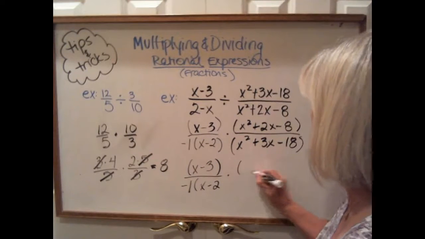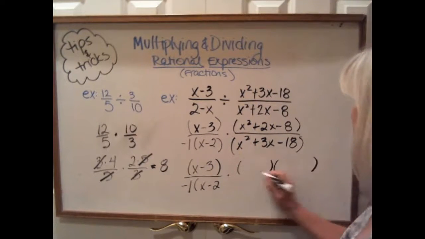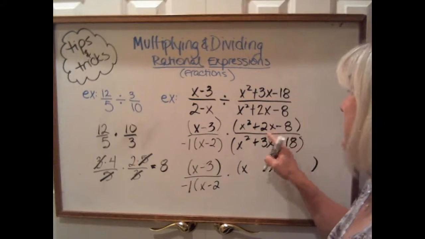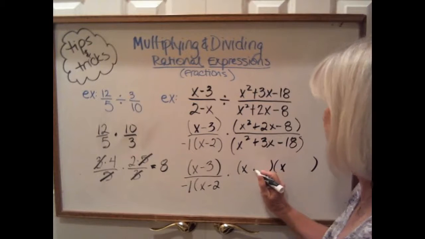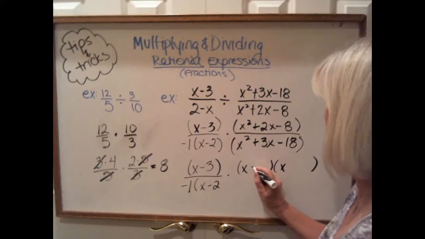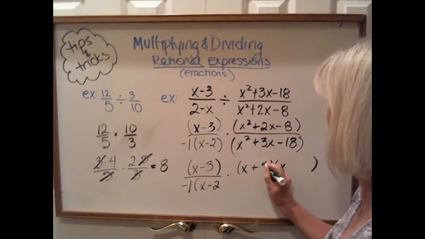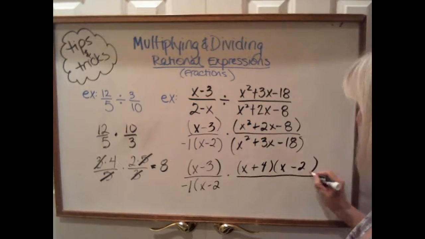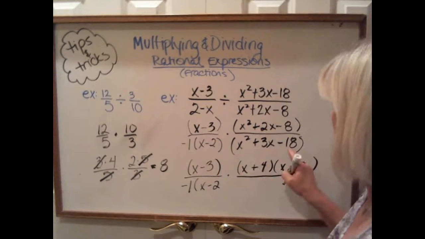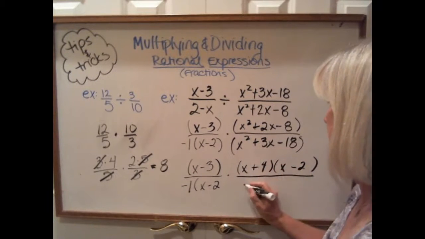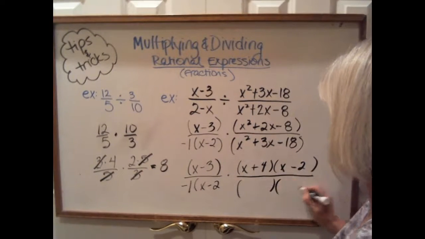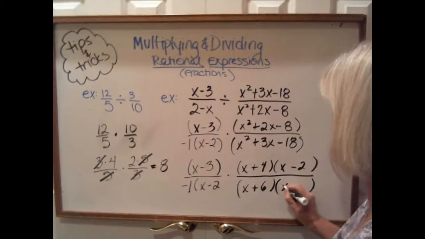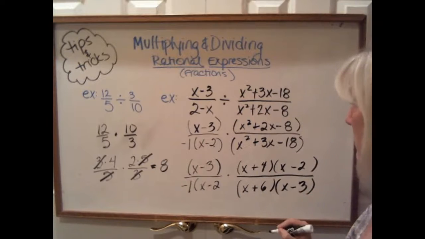Now how do we factor that? That's going to be regular x factoring. That's going to be x and x. What multiplies to negative 8 and adds to 2? That would be plus 4, minus 2. And the denominator, what multiplies to negative 18 and adds to 3? So that would be x plus 6, x minus 3.